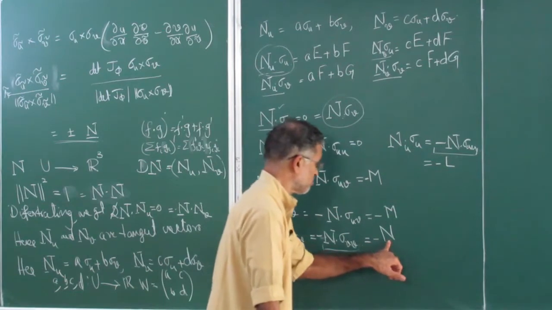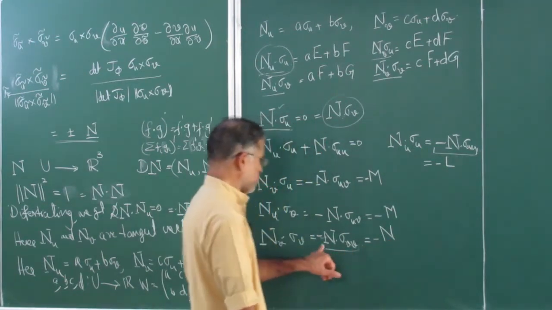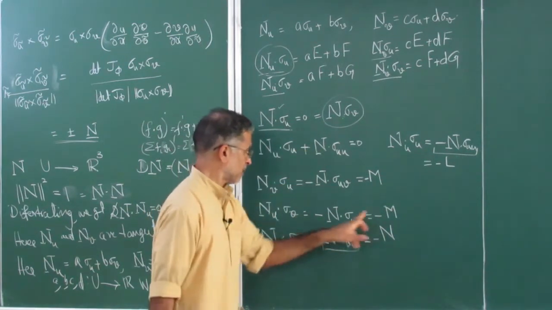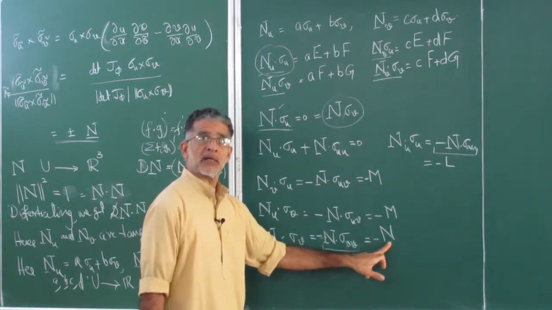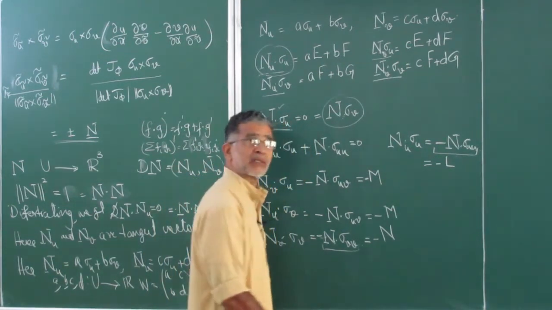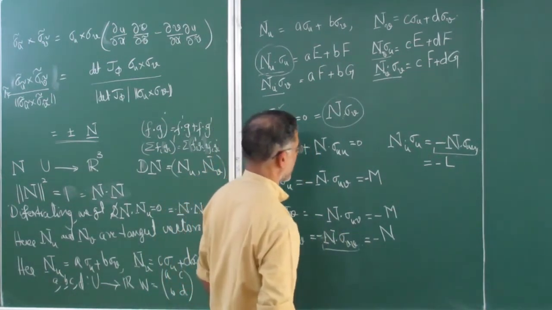This is the difference between this n and N. So I have been making a bold n for that, and for this N I am using a different notation. I have no simple option. I don't want to change the notation drastically, so I keep it like this.